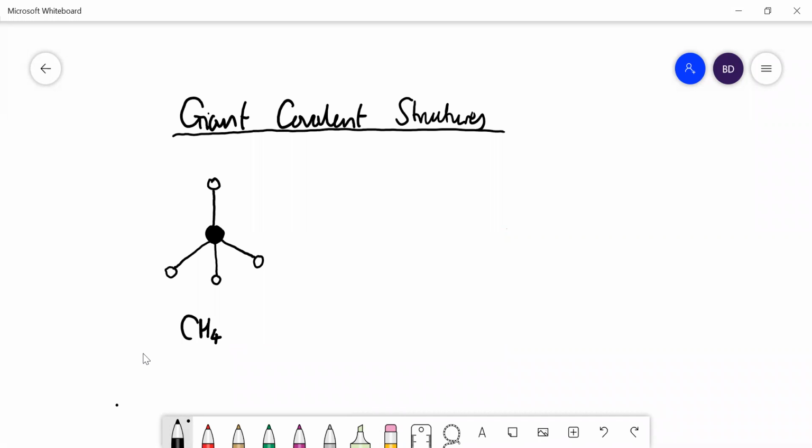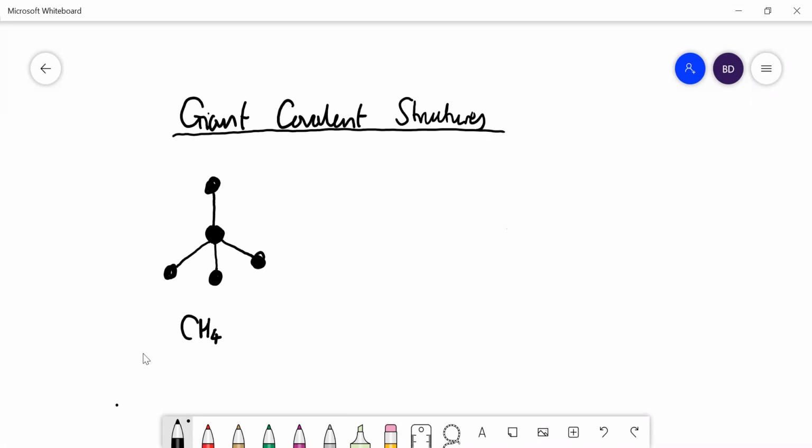That's a methane molecule. Now imagine if you had the carbon, instead of forming 4 bonds to hydrogens, imagine if you replaced each of those with another carbon atom. Okay, so the carbon atom there, one there, there, and there.